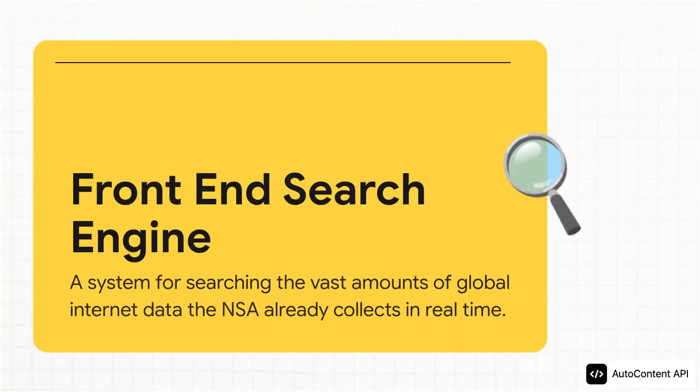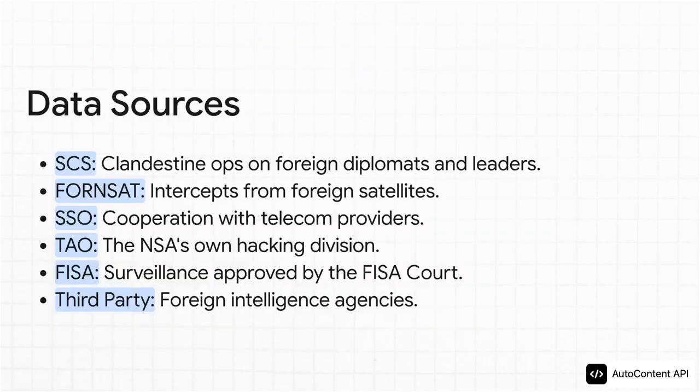Okay, so here's the key idea. Think of it like a search engine, but instead of searching the public web like Google, it searches through all the private communications and internet activity that's flowing across the globe. It's not so much collecting the data itself, but it's the tool that lets you sift through this massive river of information that the NSA is already collecting, all in real time. And that river of data is being fed by a truly mind-boggling number of sources.